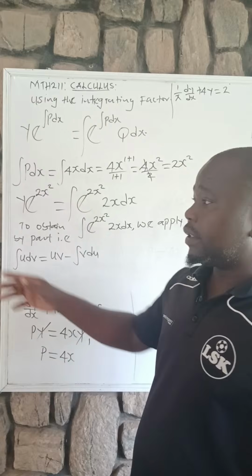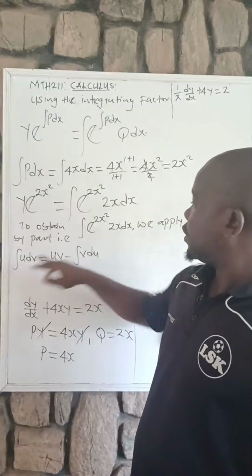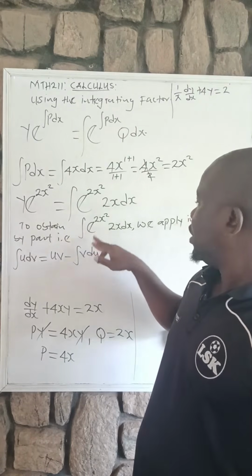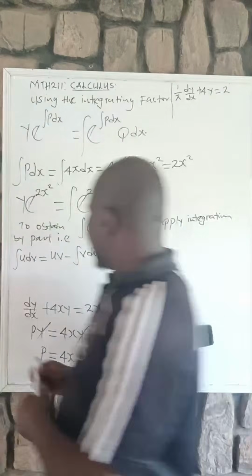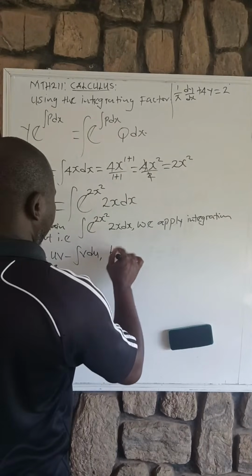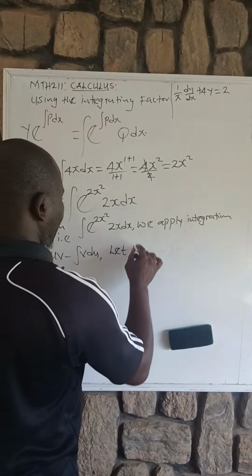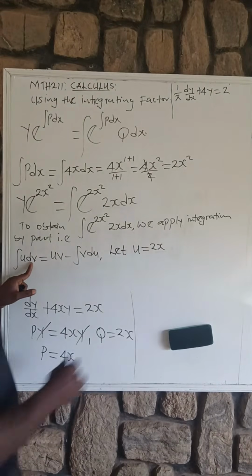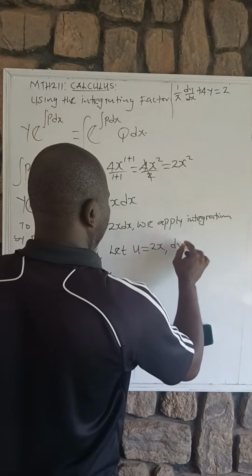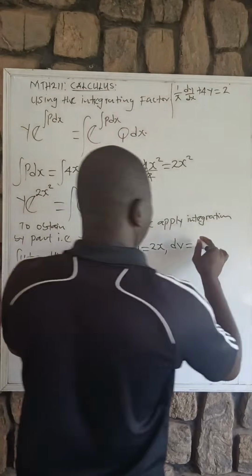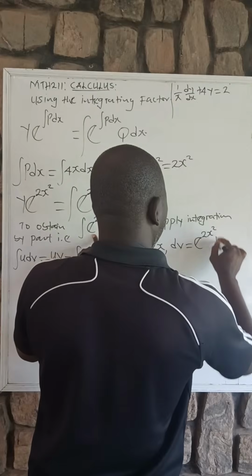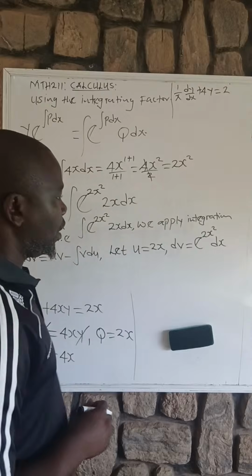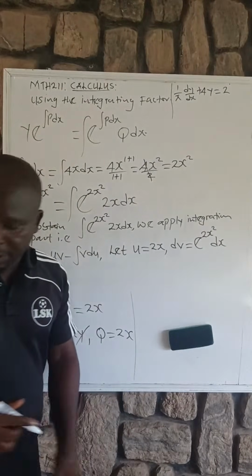So here, what you will do is, let u be equal to 2x and v equal to exponential 2x squared dx. Is that clear? Look at the board.